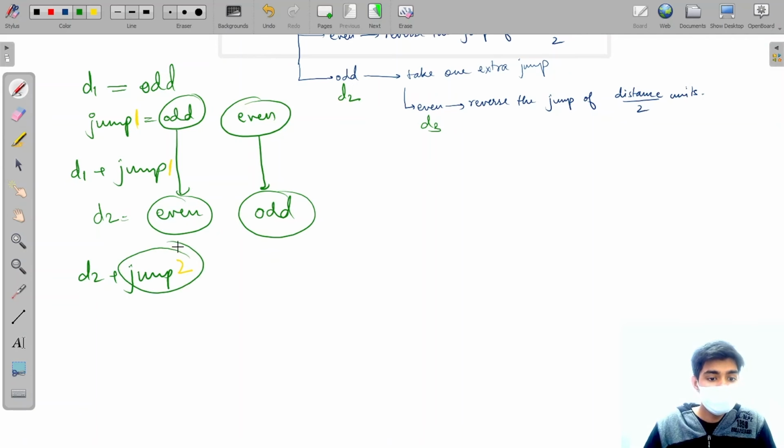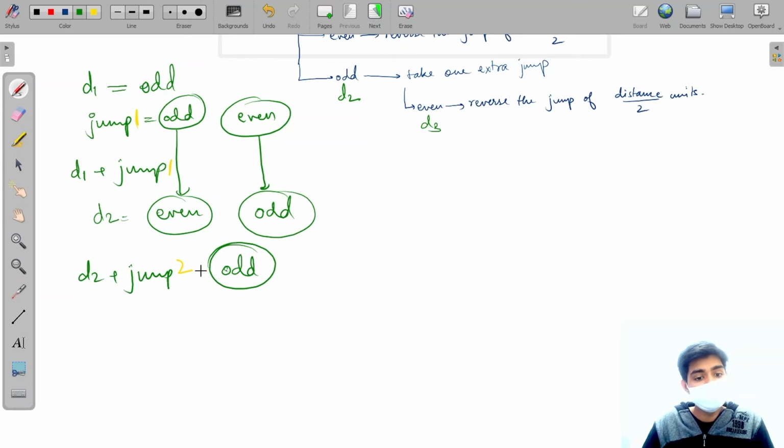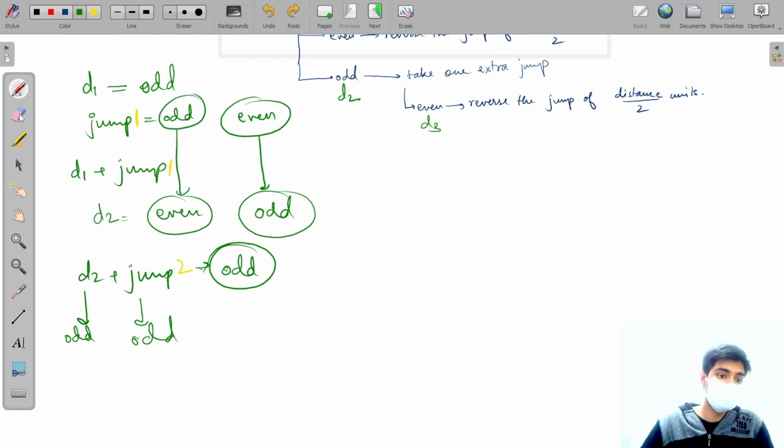So this jump 2 will now be odd, because jump 1 was even. This can only be odd because in this case the previous jump was even. So if my d2 is odd and this is odd as well, the answer that I'll get is even.